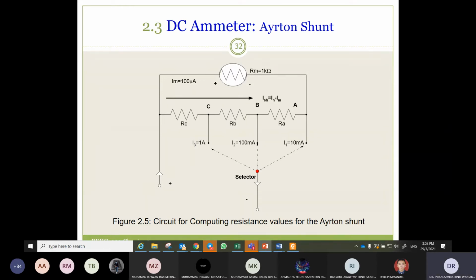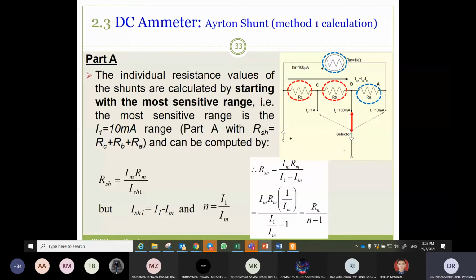Now this method is not suggested to be used, because I like to use only the principle of KCL and Ohm's law. This slide shows the derivation to find the values of RA, RB, RC.